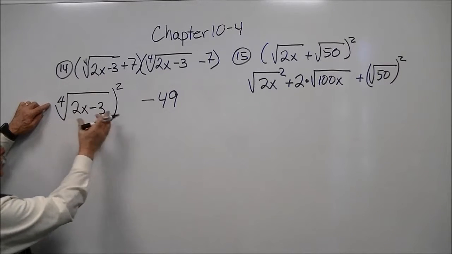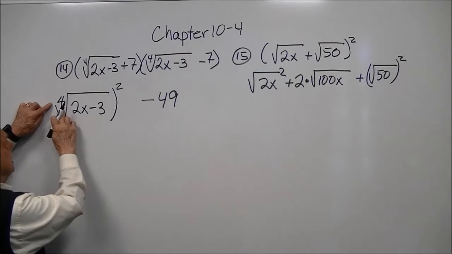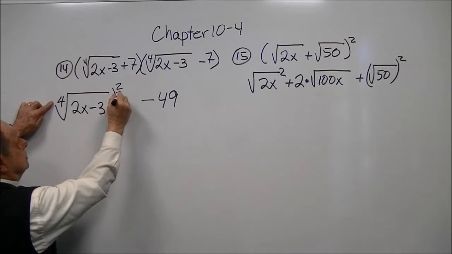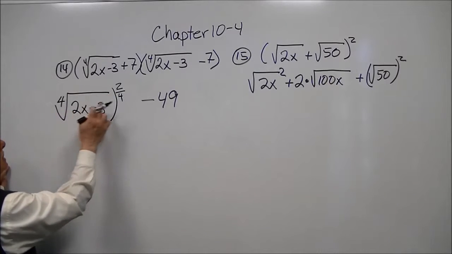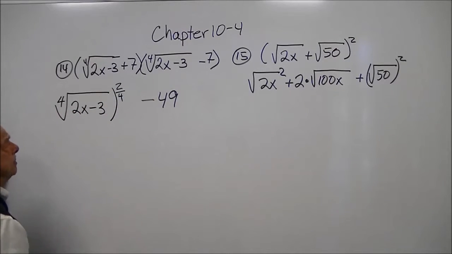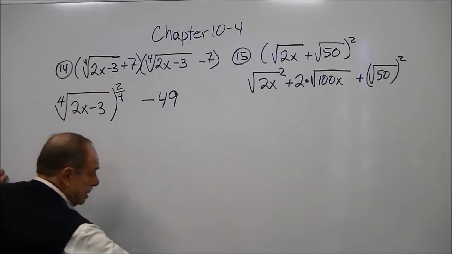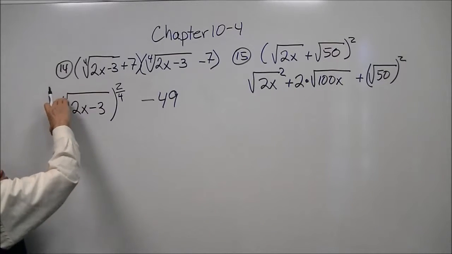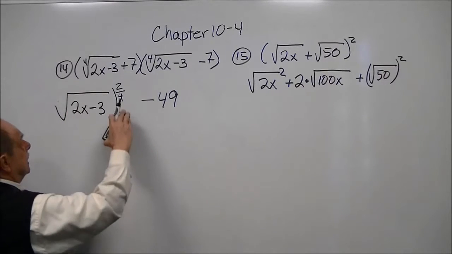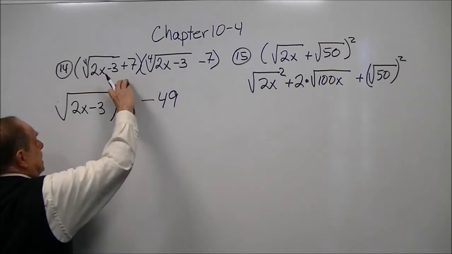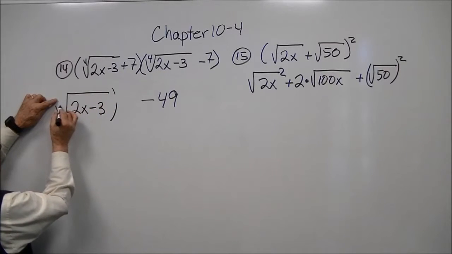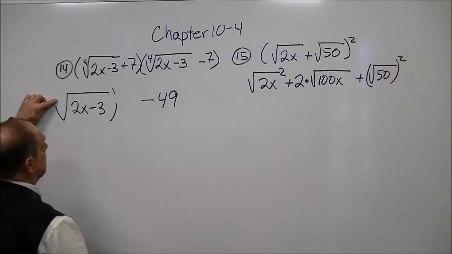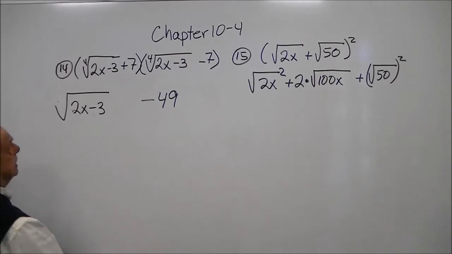Now an interesting thing here, this is sort of okay, but since this is a 4 and this is a 2, we can put that index number as the denominator of that exponent, and then this becomes that to the 1/2 power, which is actually the 1/2, the 2 goes there, and this becomes the answer.